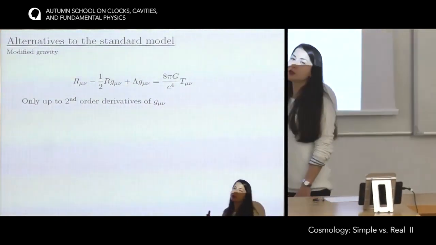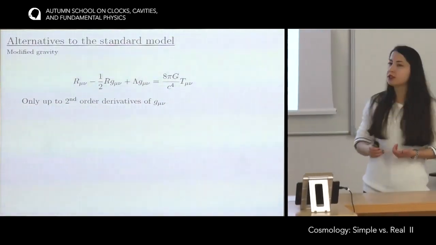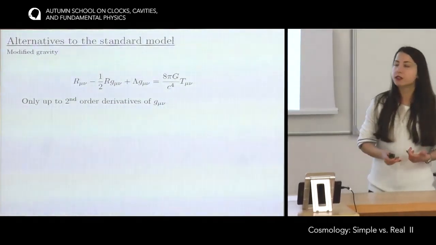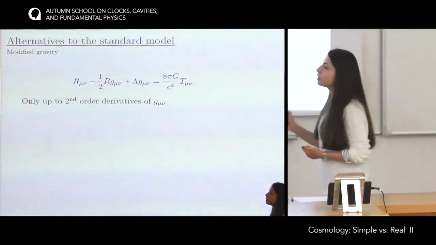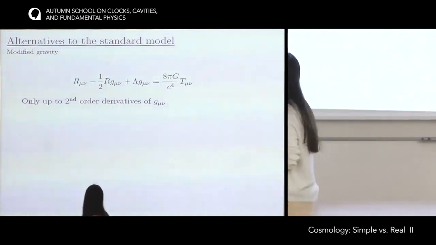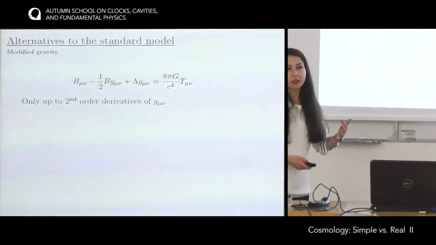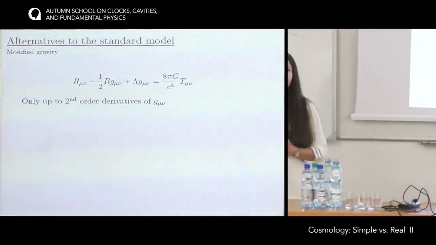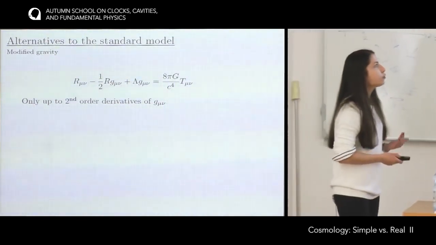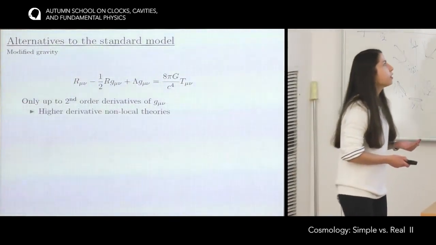And yesterday when we talked about the curvature terms, the Riemann and Ricci curvature tensors, I said that they include up to second order derivatives of the metric. So that is important. What you can do to modify your gravity, your action, is introduce higher order derivatives to your action, right?